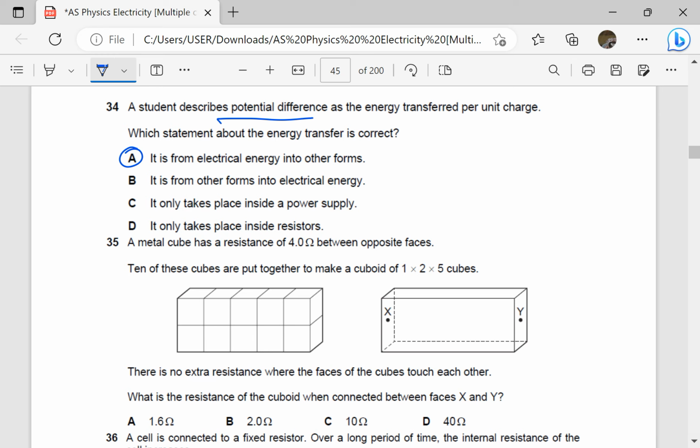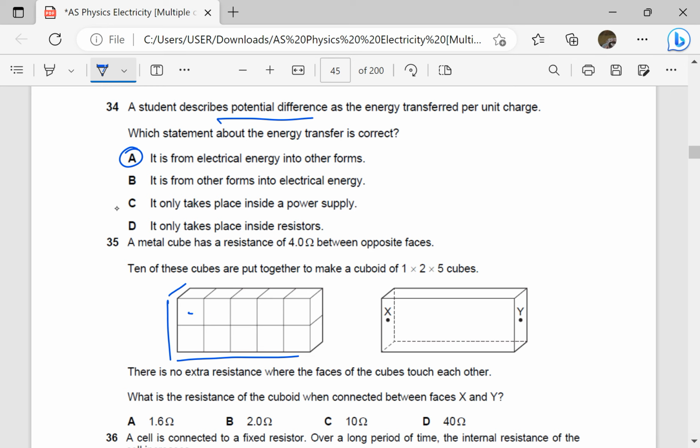A metal cube has a resistance of 4 ohms between opposite faces. 10 of these cubes are put together to make a cuboid, so the other side is 1 by 2 by 5.